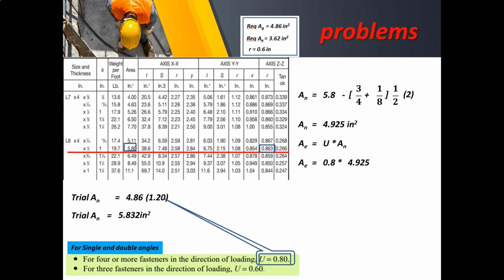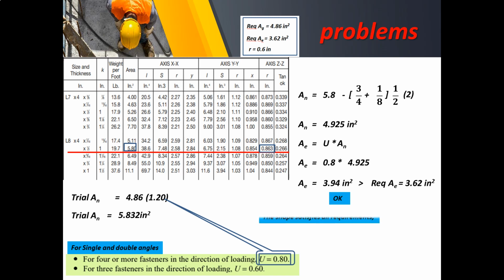Okay, so we multiply that one and then we can arrive with a value of 3.94 square inches. So we compare this to the required effective area. So it is now greater than the effective area, 3.62 square inches. Hence, we tag this as OK.